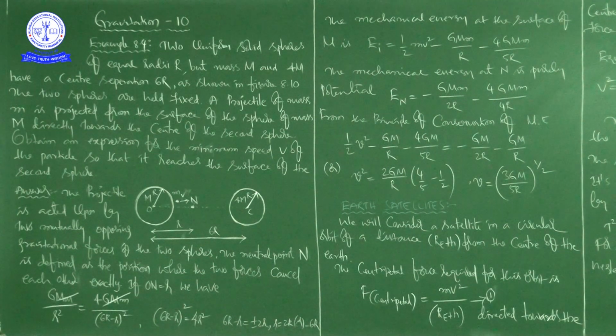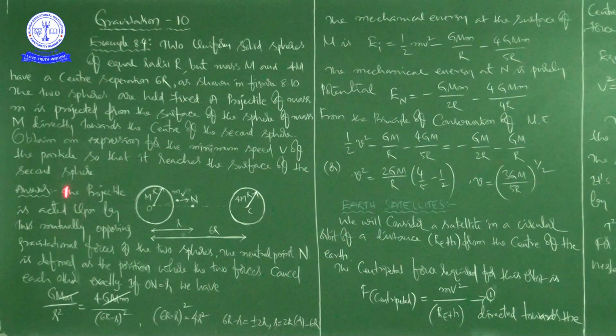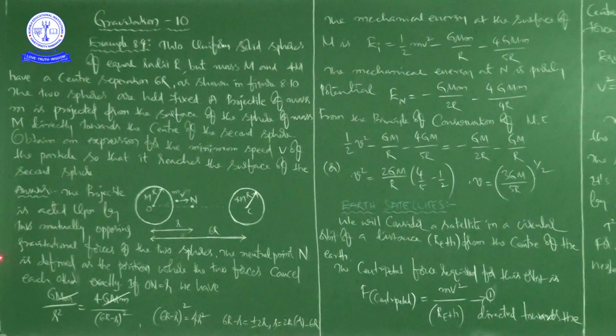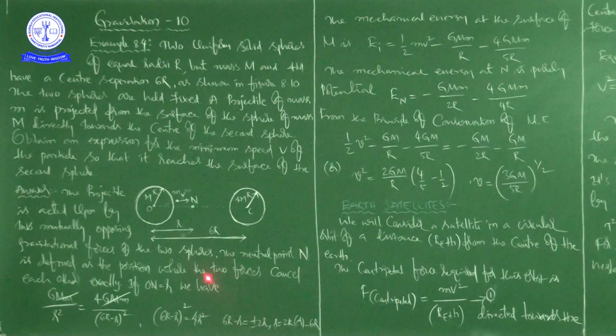You know very well, when two spheres are separated by a certain distance, automatically there is a gravitational force of attraction, that I can calculate by using the formula G capital M small m divided by r square, which is a general formula. See, the projectile is acted upon by two mutually opposing gravitational forces of the two spheres.